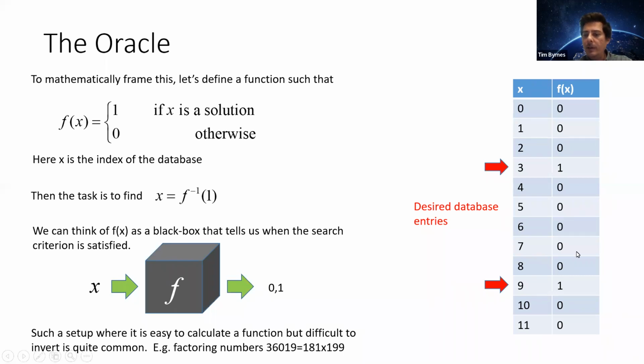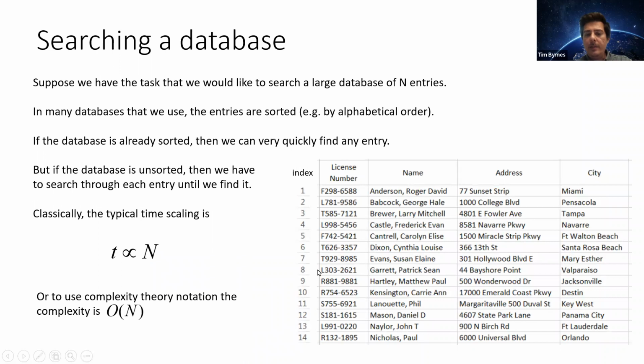For example, this function could be something like, and it totally depends on the question of course, I want to find all the people where the last digit is 6 or something like that. If you're looking at the last digit, here's one with 6, here's another one with 6, and all the other ones don't have 6.